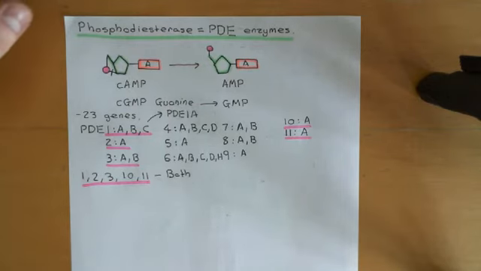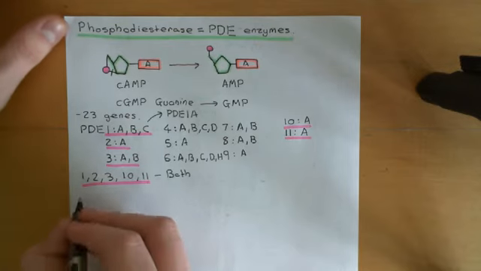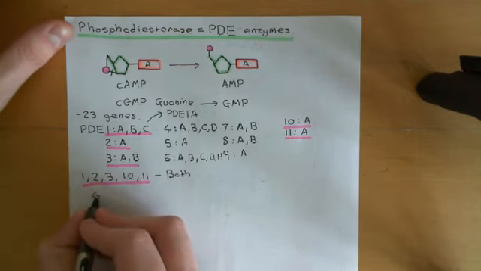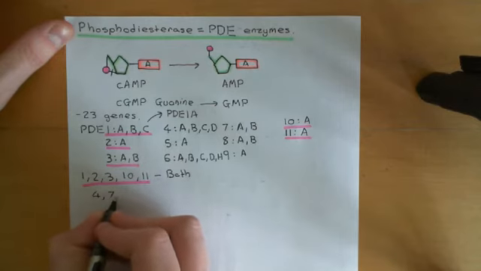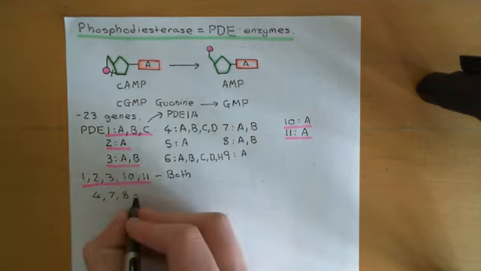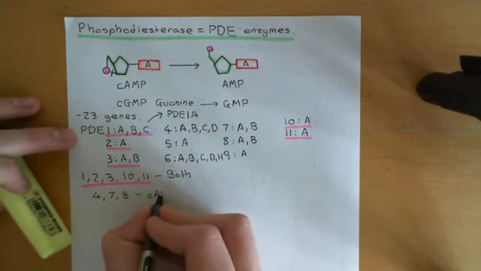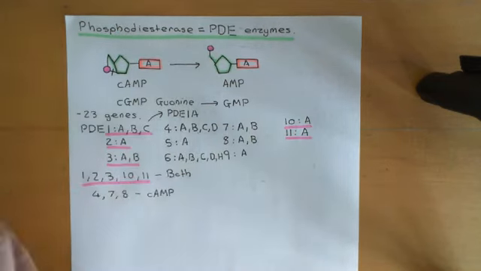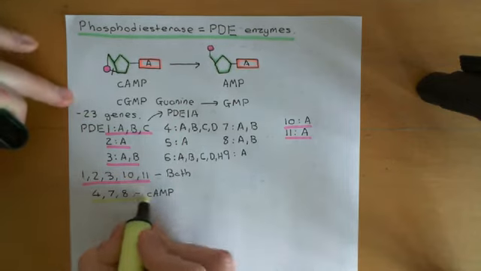Next let me do the ones which are selective for cyclic AMP. So the cyclic AMP selective ones are phosphodiesterase 4s, phosphodiesterase 7s, and phosphodiesterase 8s. So these are only cyclic AMP. I'll underline these ones in yellow.